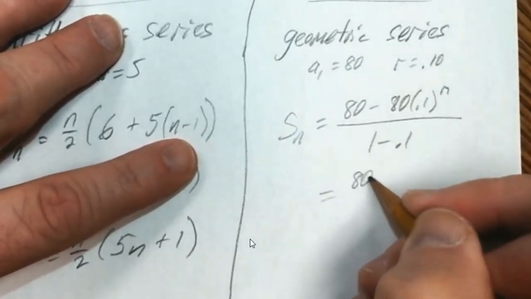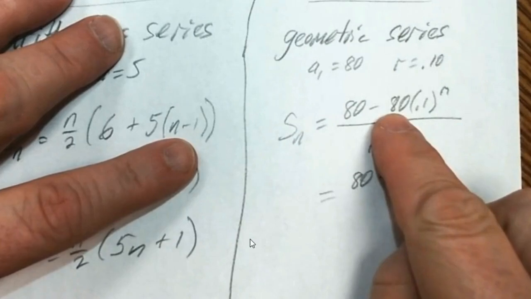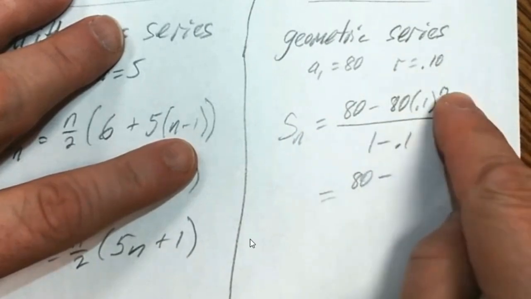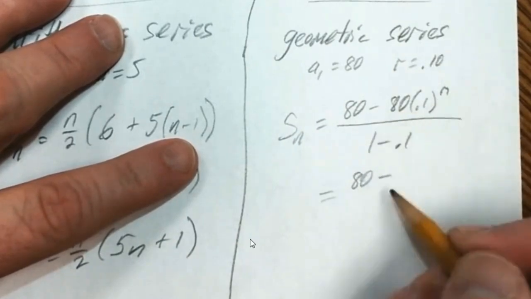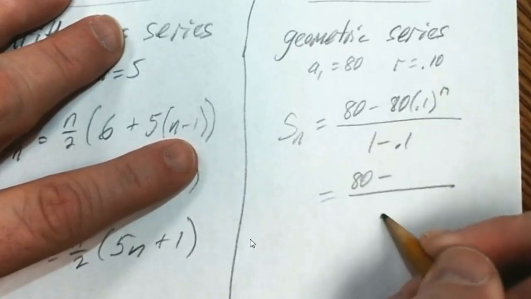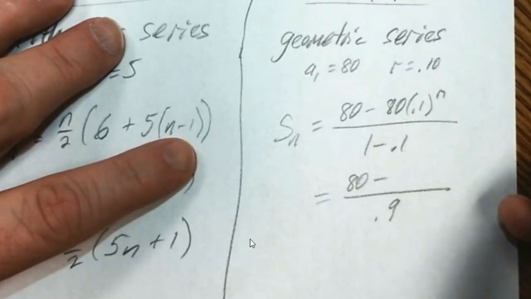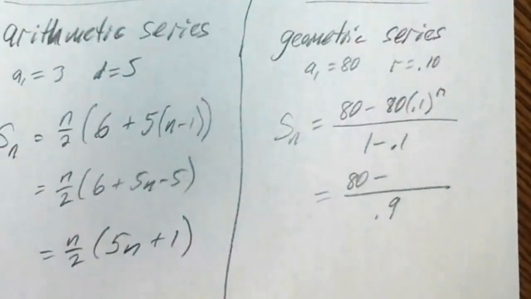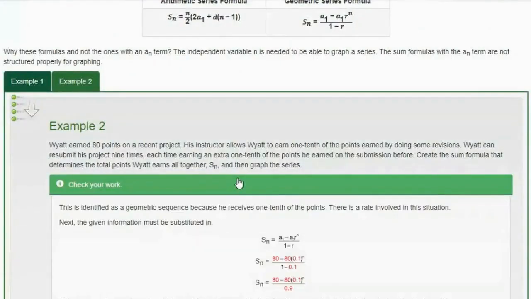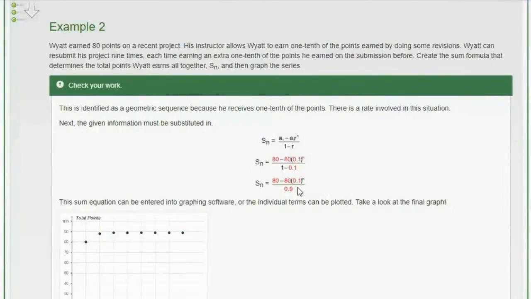So 80 minus 80 times 0.1 to the n. And this is 0.9 at the bottom. So let's see, did they combine that? I want to make sure I do it the same way they did it there. No, you have to leave that separately because we don't know what 0.1 to the n is until that's done.